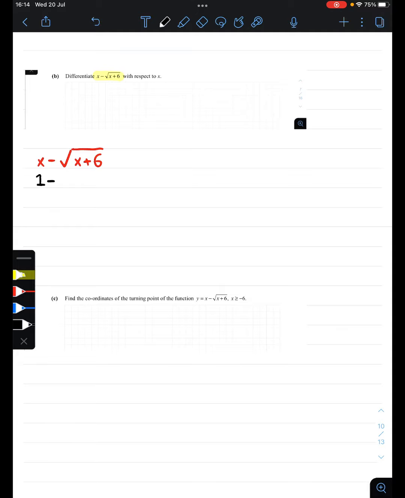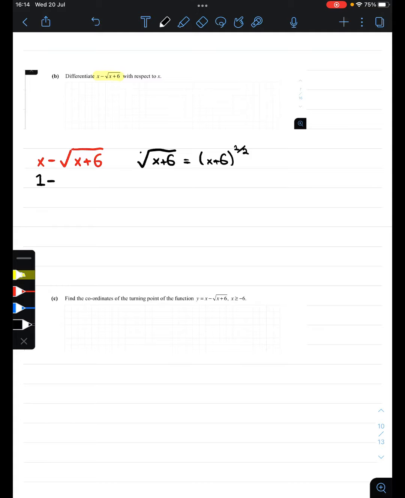Now, this is the tricky part, differentiating the square root of x plus 6. Well, what do we know? We know that the square root of x plus 6 is the same as x plus 6 to the power of a half, if you know your rules of indices.